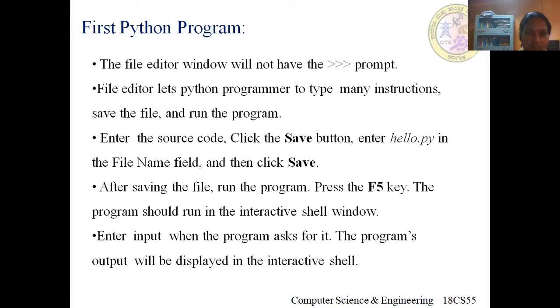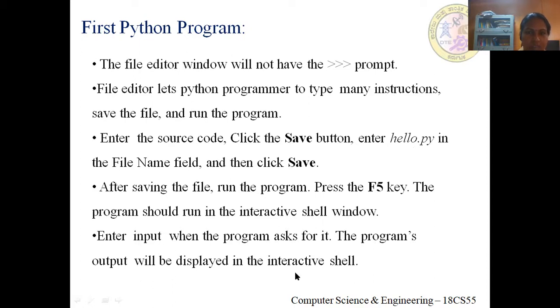Enter the source code, then click on the save button and give a file name, anything.py, in the file name field and save. After saving the file, you can run the program by pressing the F5 key. The program runs in the interactive shell window, where you can enter the input required, and the output will be displayed on the interactive shell.